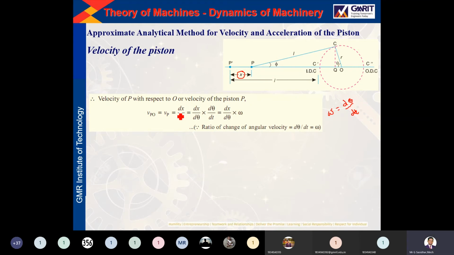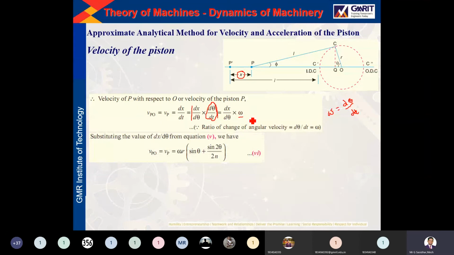So I can write this dx by dt by changing differentiation concepts, as dx by d theta into d theta by dt. This way I can expand this equation. Now d theta by dt is omega, so dx by d theta into omega. Now I got the equation, dx by d theta into omega.